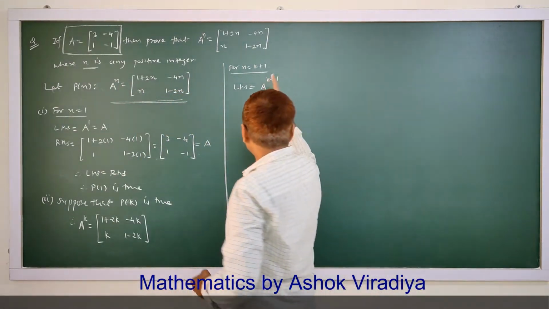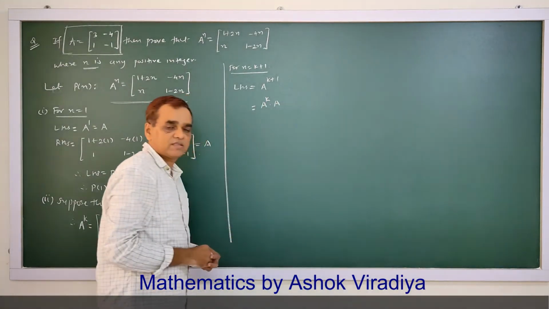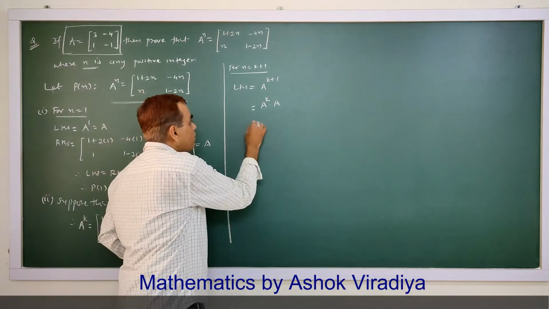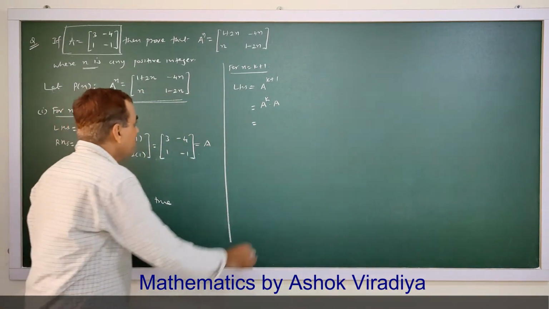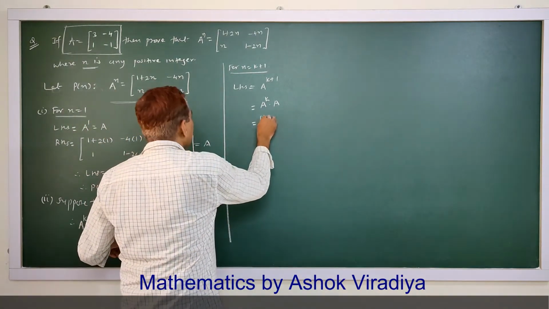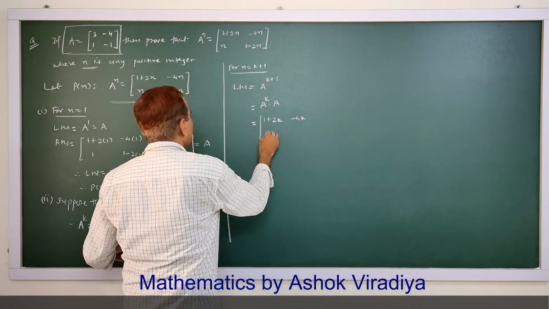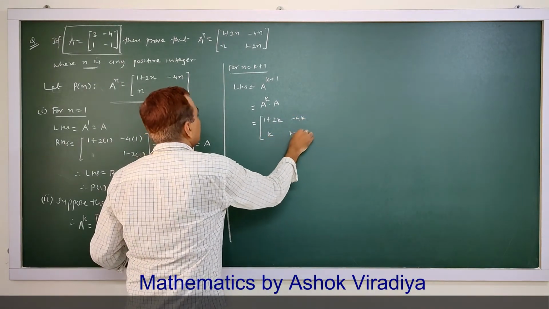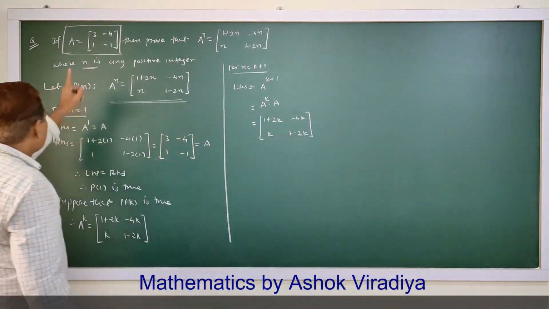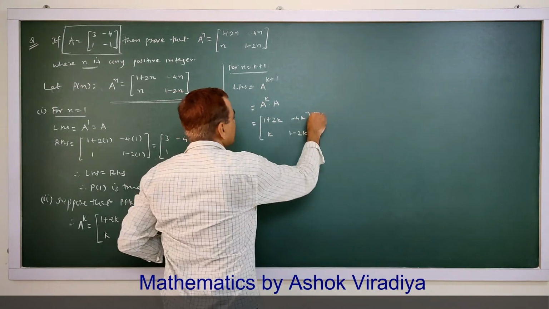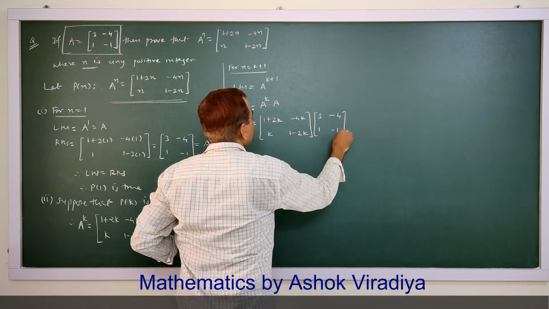Now A raised to k plus 1 is A raised to k into A. Using this value of A raised to k, 1 plus 2k, minus 4k, k, 1 minus 2k, into A, A is 3, minus 4, 1, minus 1.